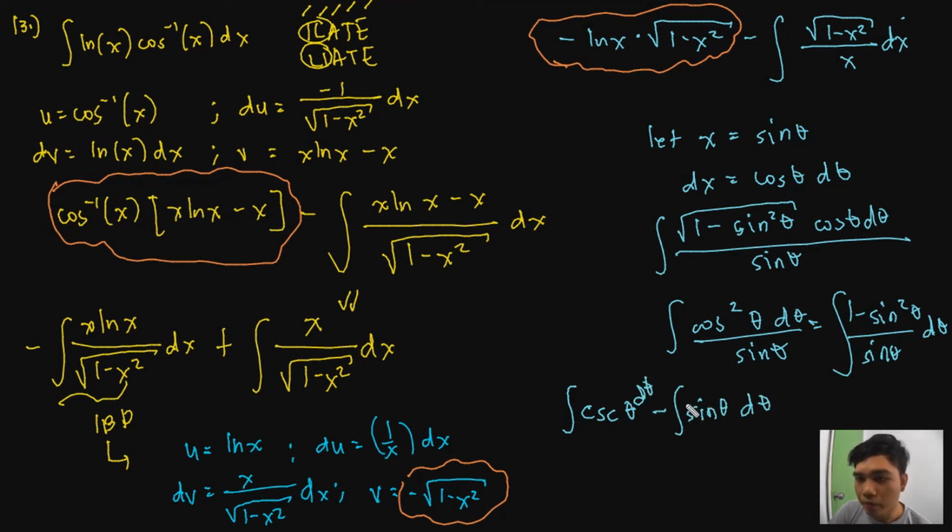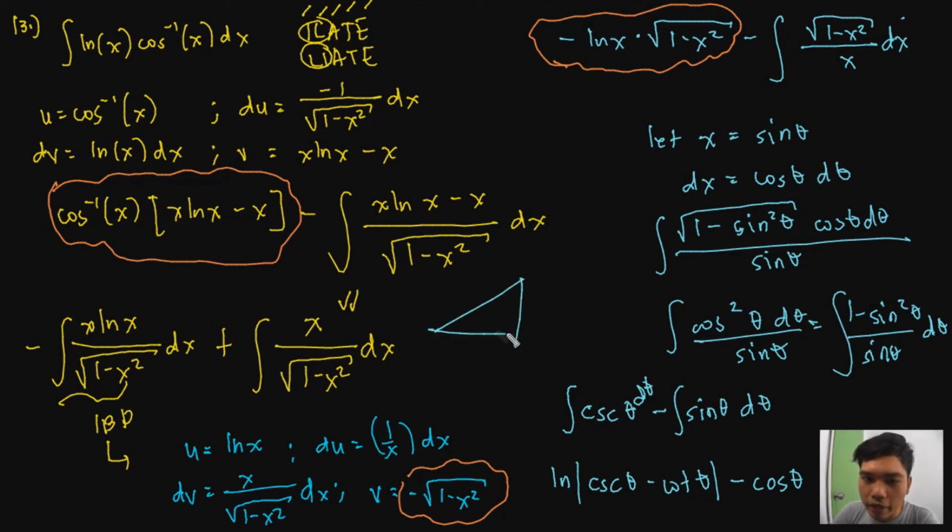And therefore, from this case, we could say na yung ating antiderivative would be ln of cosecant theta minus cotangent theta, and then minus cosine theta. Okay, so yan yung magiging natin in terms of theta. But then again, we have to express that in terms of x, diba? So, kung ganon, we do another triangle that is theta, and then yung ating x would be here kasi sine theta to.